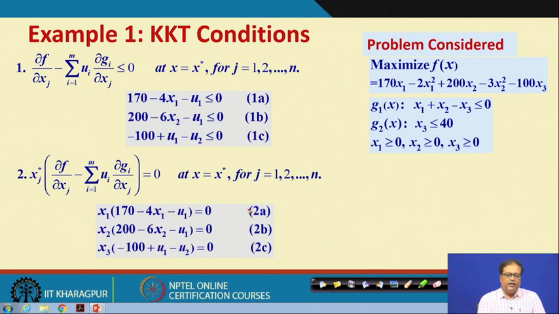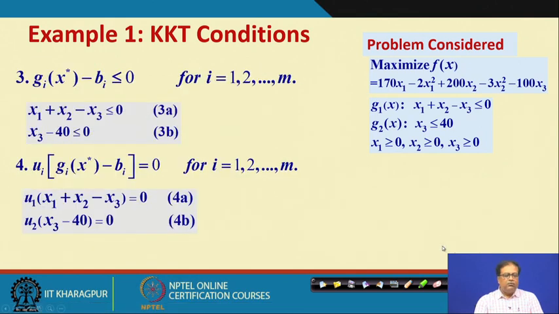The second one is very simple. It is the first condition part only, that is 170 minus 4x1 minus u1, multiplied by the corresponding variable. So, x1 into this equal to 0, x2 into this equal to 0, and x3 into this equal to 0. So, these are the first two KKT conditions. Now, the third one is very simple really, it is the constraint itself.